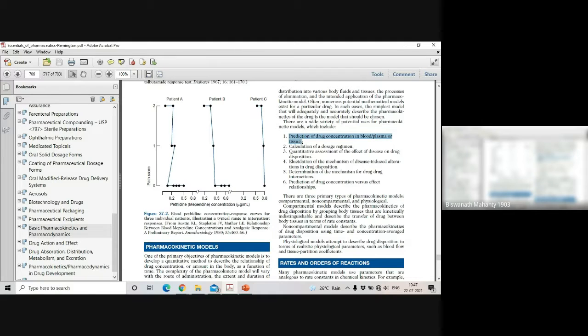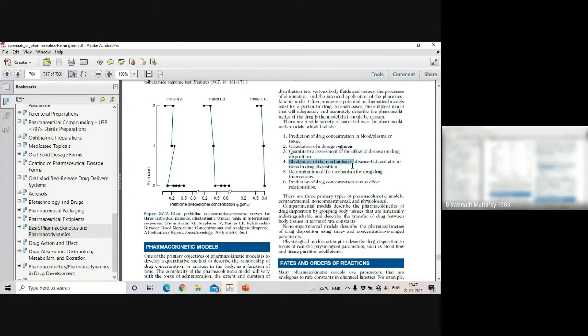So I need a model which will tell you the expected concentration in the blood at any given time. Calculate the doses, how much dose is required, because I told you about the rate of absorption, right? If my dose is increased, the amount absorbed will also increase. You have to go into the mathematical model part. So I can also predict how much dose is ideal for an individual.